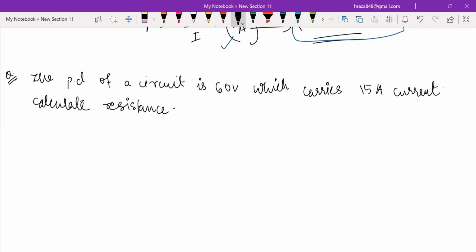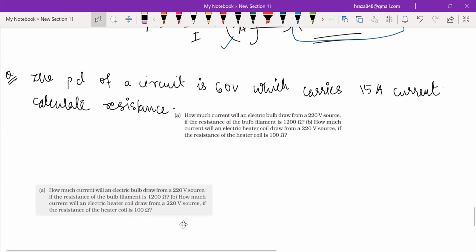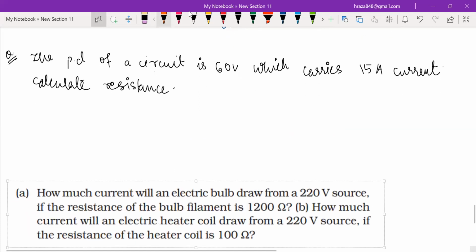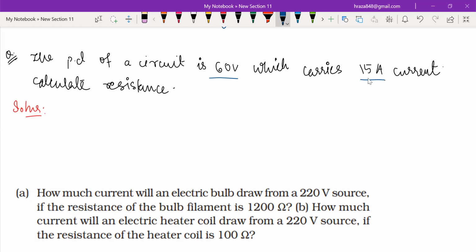Sir, 15 ohm. Wait a minute, I wrote the question wrong. Never mind, 60 volt it is, 15 ampere.